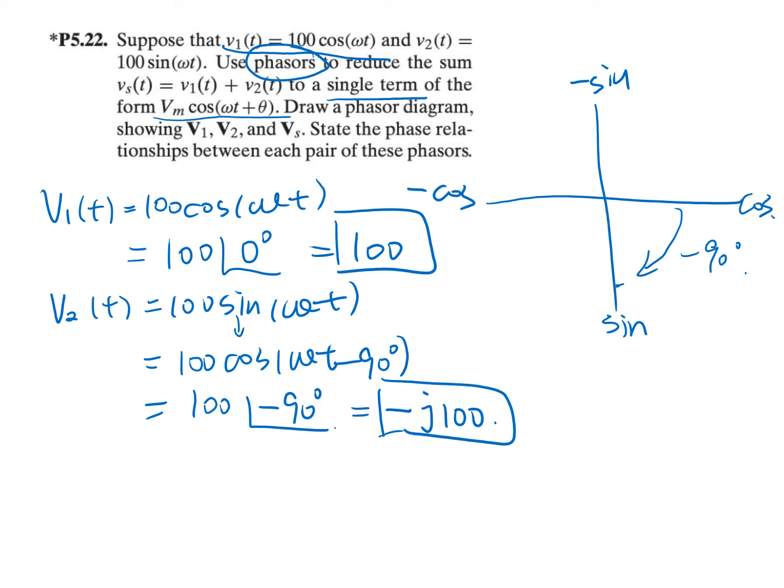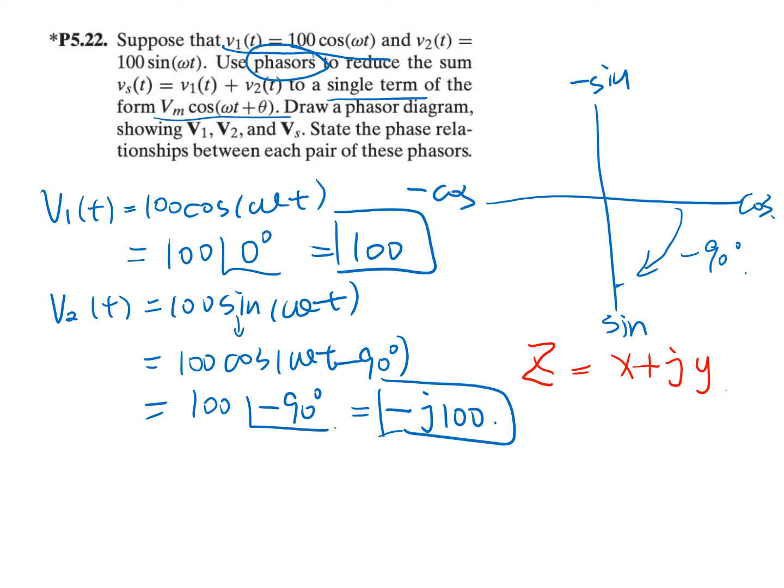Well, we know that to convert between the polar form and the rectangular form, we have some formulas. When we have the expressions in the polar form, z is equal to x plus jy. And we want to find out x and y.